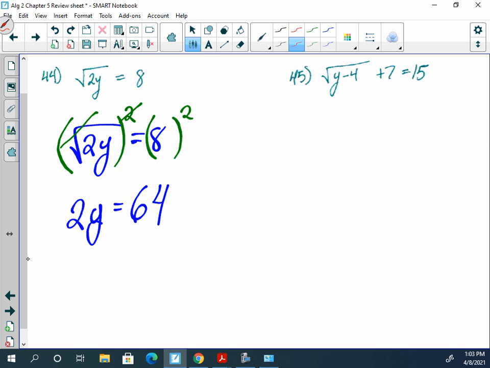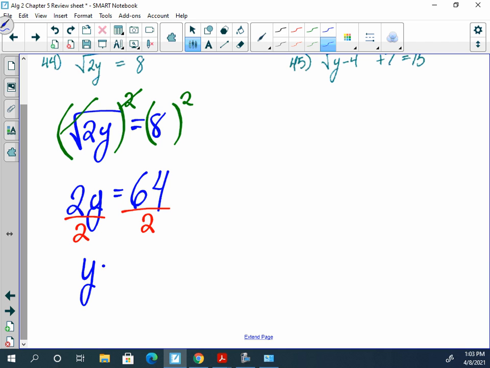Now what do we need to do next to solve for the value of y? We need to divide both sides by 2. And this here tells me y is equal to 32. And that's it. That's all we have to do for this here.